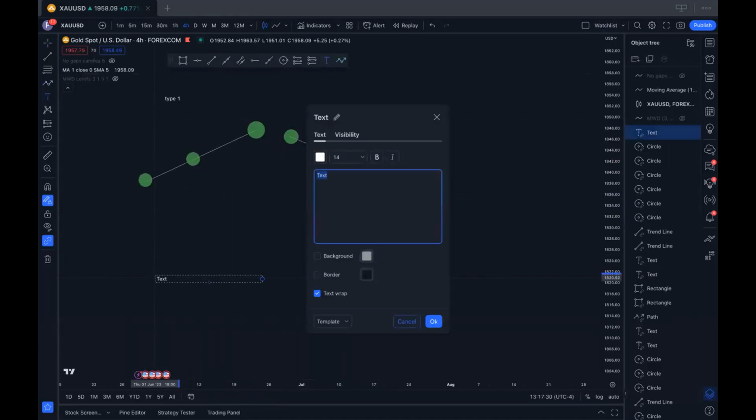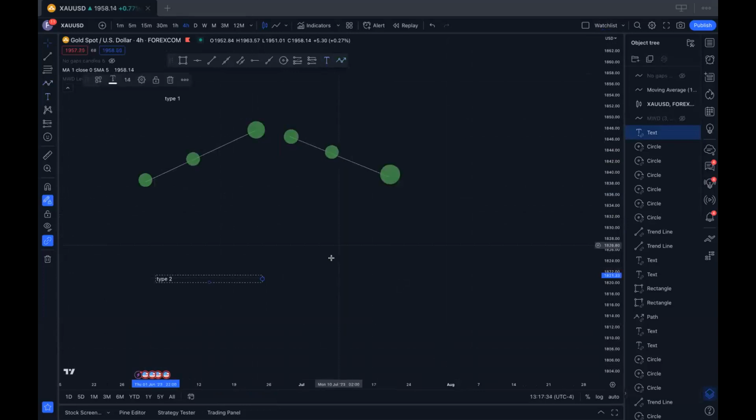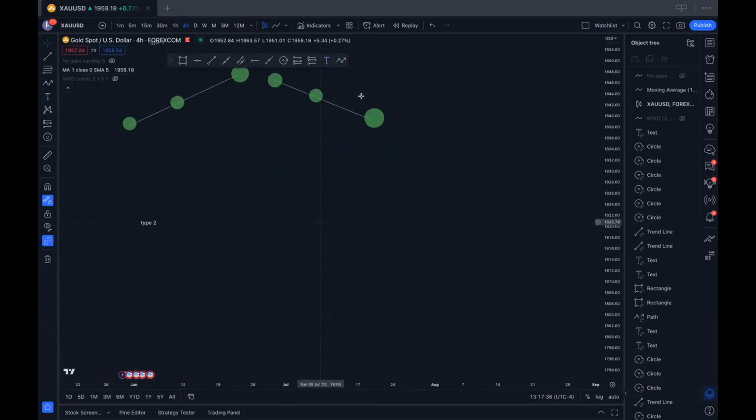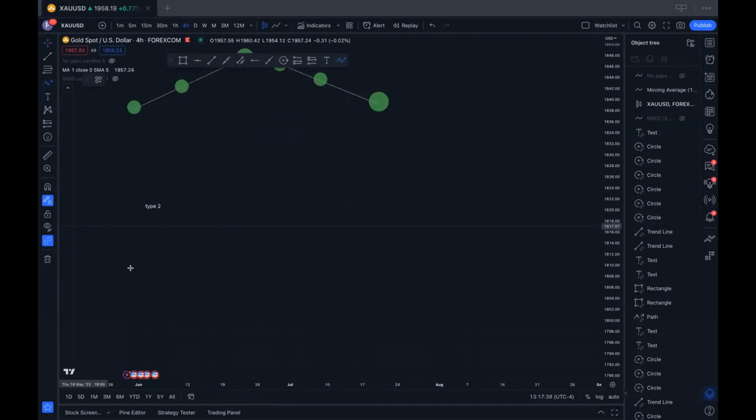Yes, that's trendline type 1. Type 2 is a breakout. You have resistance, support, break of this support turned into resistance.